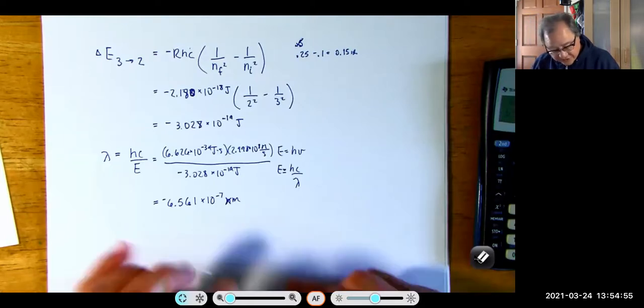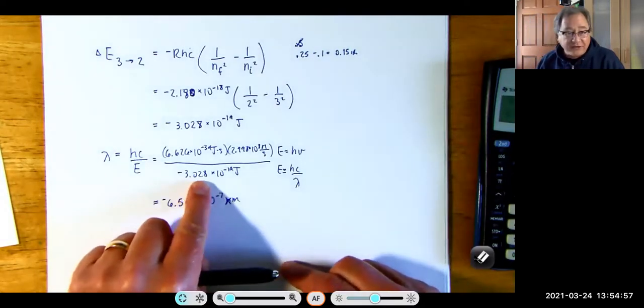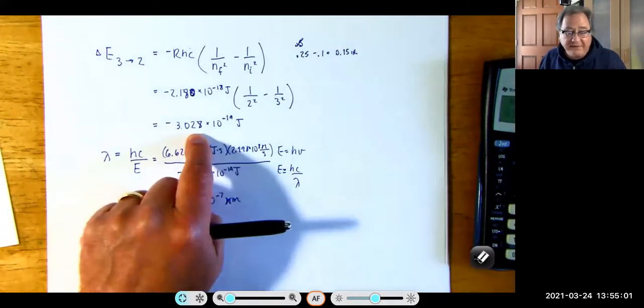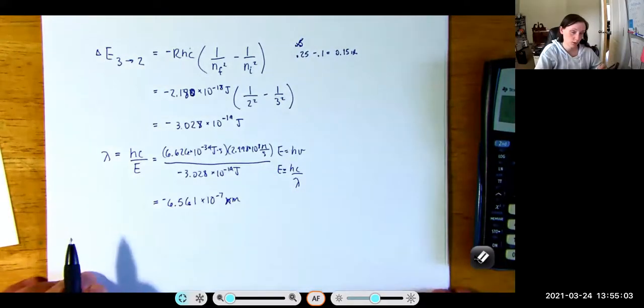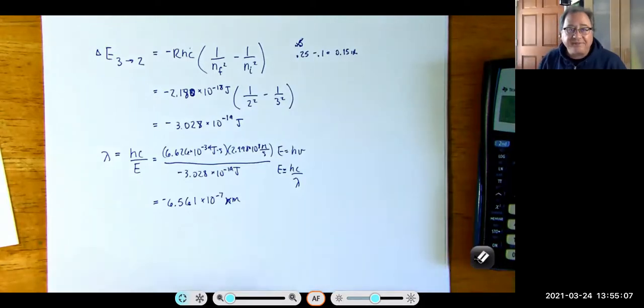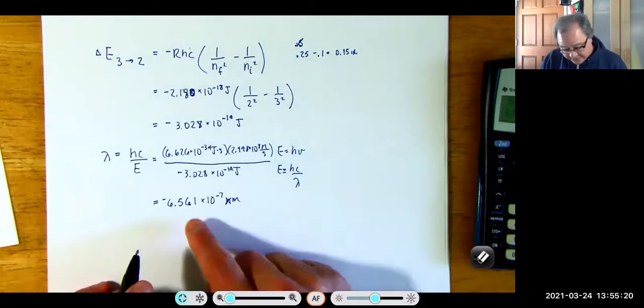Let me ask you, this negative 3.028, did you use this value or the value you got before rounding? I used our rounded value. Okay, see, I didn't, and that may have made a difference. That's why they say you don't round till you're all the way done. So that last number is not a big deal.